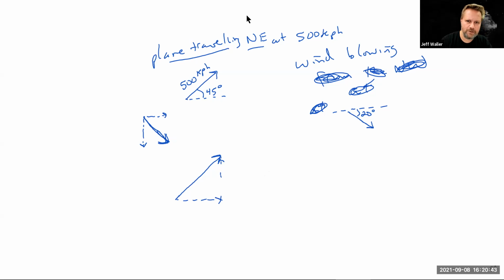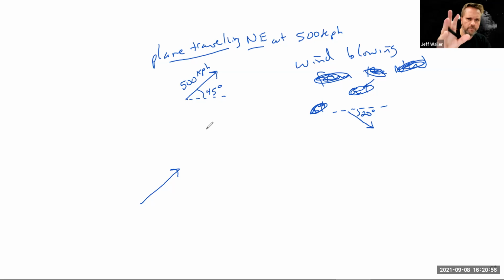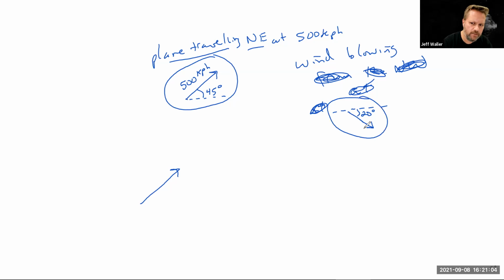All right, so let me show you a couple things, and then I'll open it up to my math people real quick. So here's my plane. I don't think you've done much with this yet, but normally when you're adding two vectors, what I'm trying to do is add these vectors because the wind is working with and against the plane.